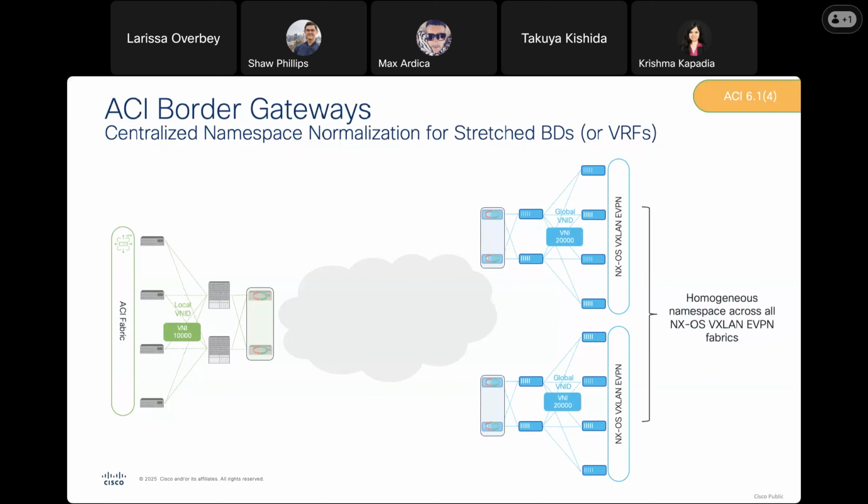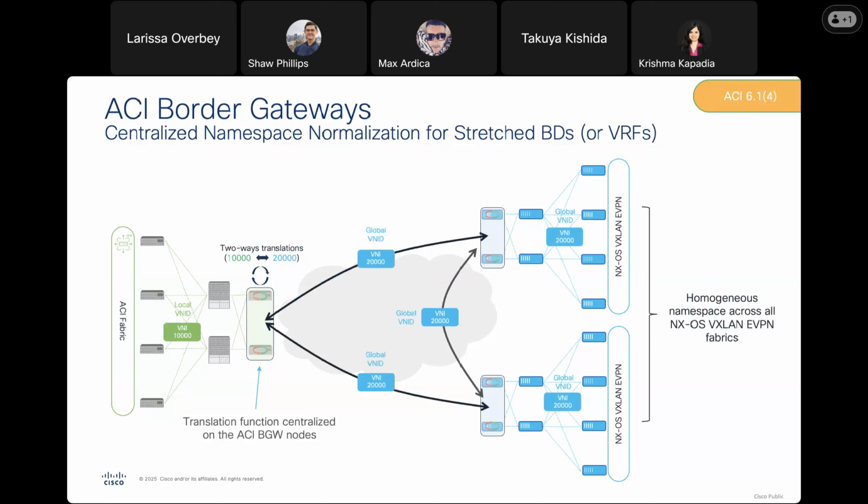So in 6.1.4, we'll bring in the translation functionality into the ACI border gateway. So the VNIs will have a local value that APIC assigns, but then we'll be able to automatically translate that to a global VNI.